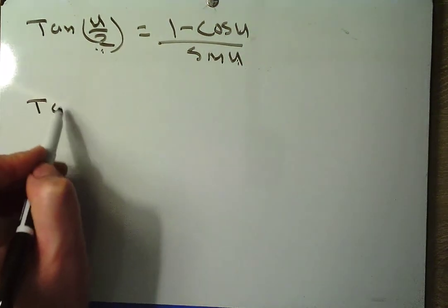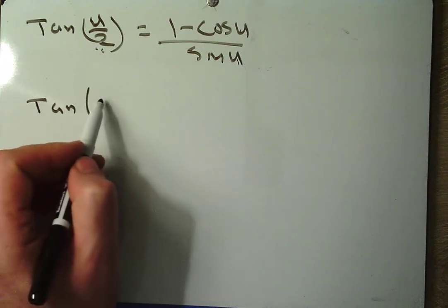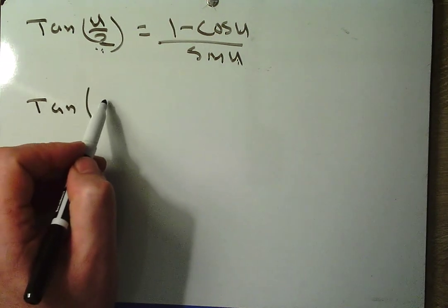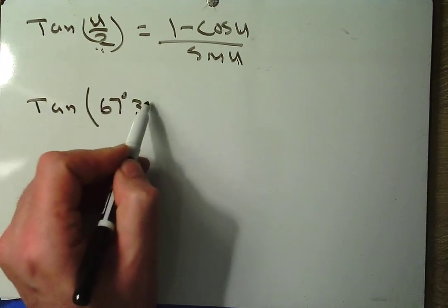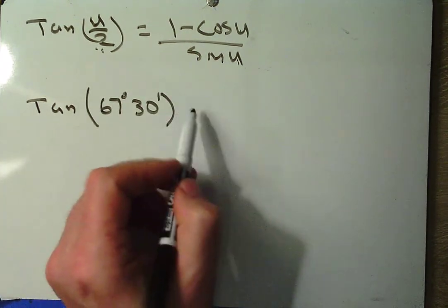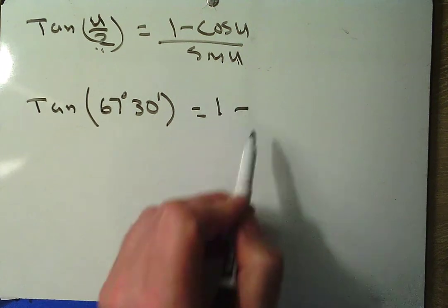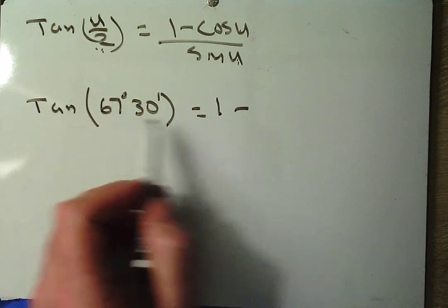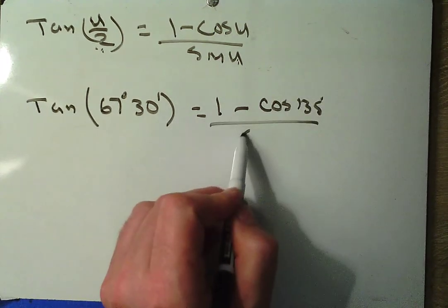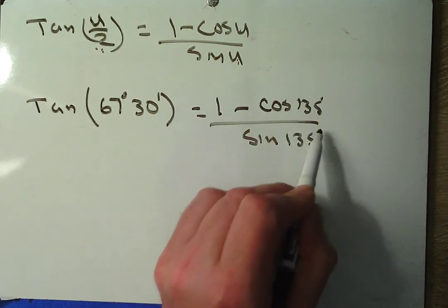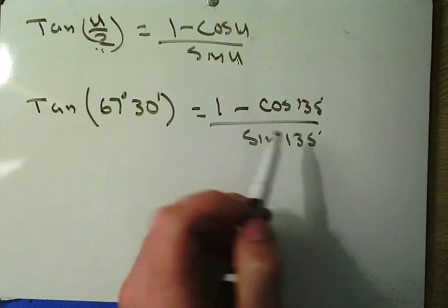So if I'm looking for the tangent of 67 degrees and 30 minutes, what I plug in the formula is something that's twice as big as that, 135 degrees. And this isn't that bad, is it?